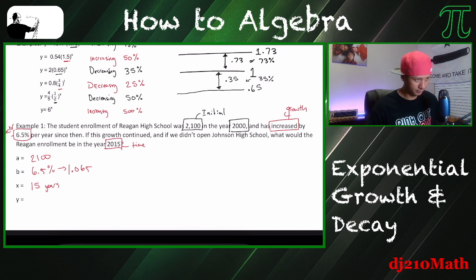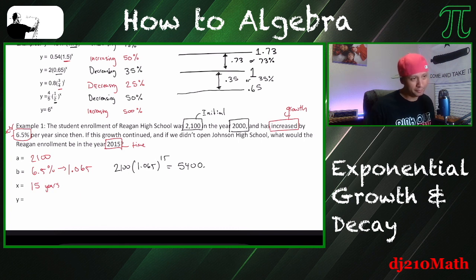And y is our total amount. So we set our problem up. We're going to get 2,100 times 1.065 to the 15th power. You put this in the calculator, you're going to get roughly 54 point something.